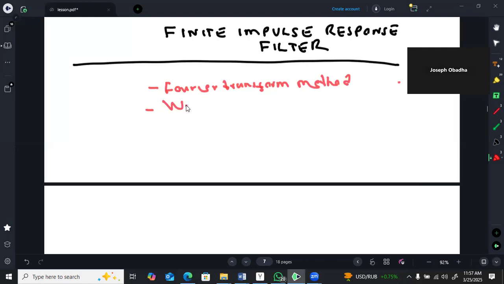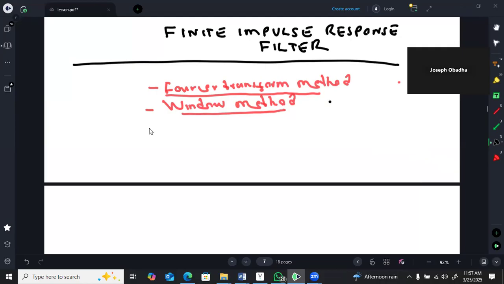We have the window method, and our today's discussion will be based on the window method. The window method is actually an improvement of other methods of designing the filters, like the Fourier transform method. So we also want to see how the two are related.